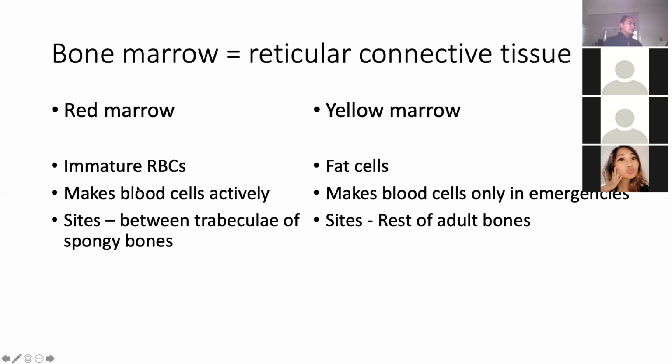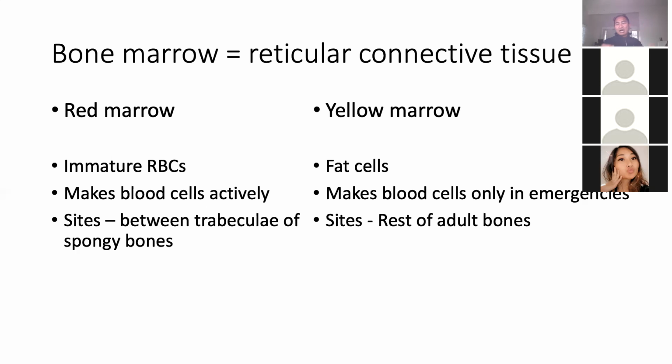Red marrow is where the immature RBCs are, and these red marrows will keep generating the RBC and WBC. It makes blood cells actively. And where are these? Our sternum, which is a flat bone, has red marrow and makes blood cells.